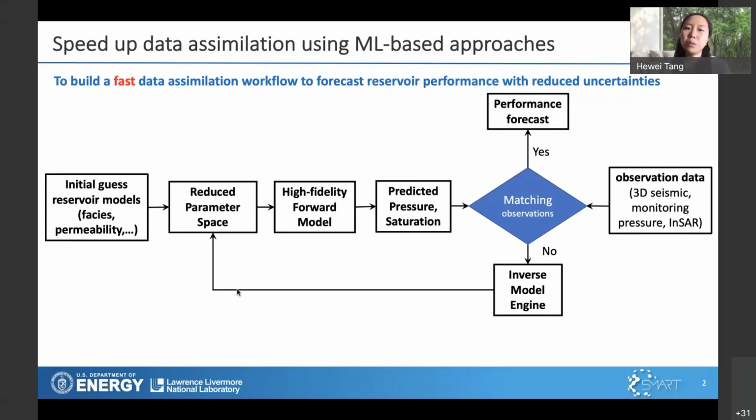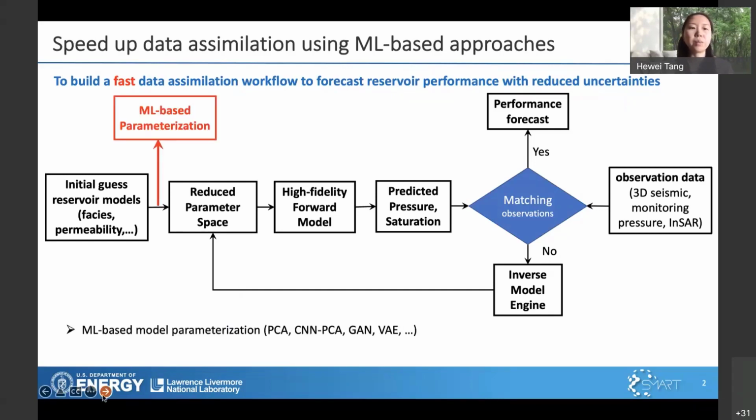So we want to use machine learning approaches to help accelerate this process. Mainly, machine learning can take a role in 2 places in this workflow. The first place is to enhance the parameterization.